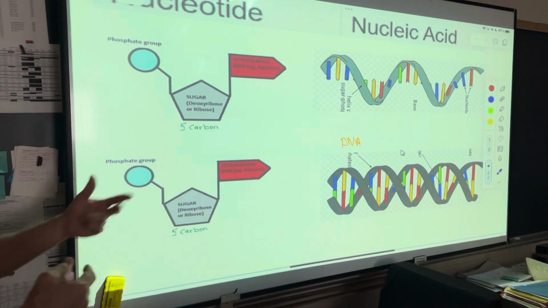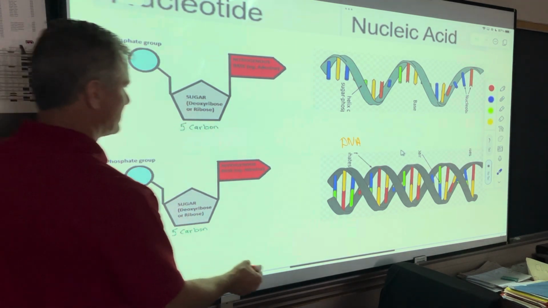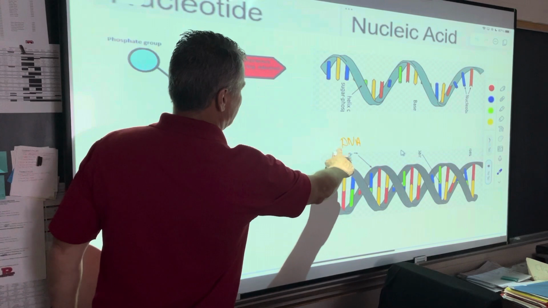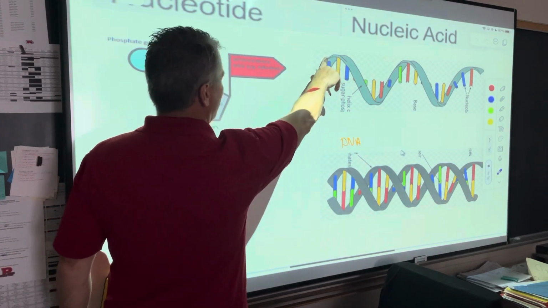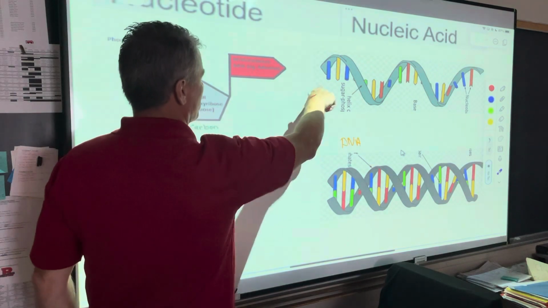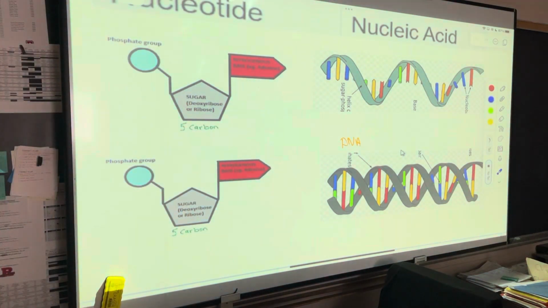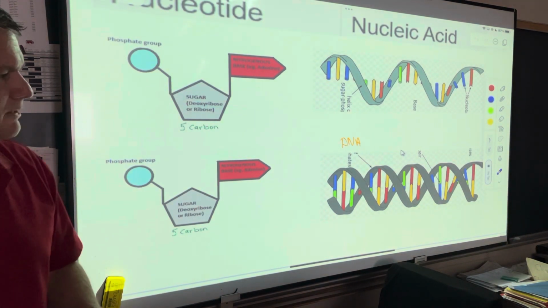I've heard that if you let DNA unwind, it's either going to be 2 inches or 6 feet. You hear different things in different sources. But in this case, this is DNA, deoxyribo. Up here was RNA, which is your ribose. So the sugar here is different than here, but everything else is the same.